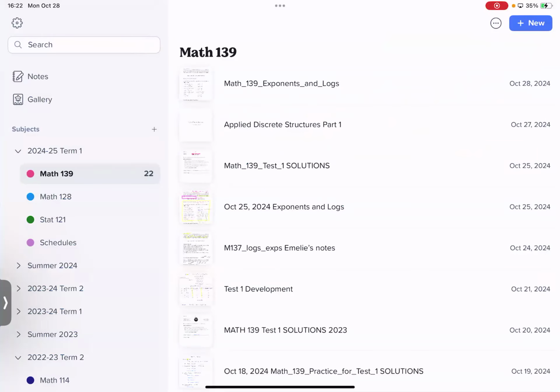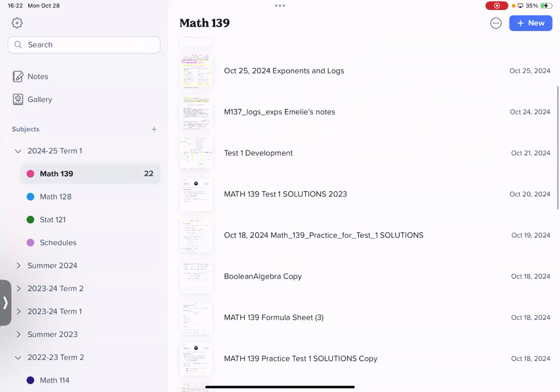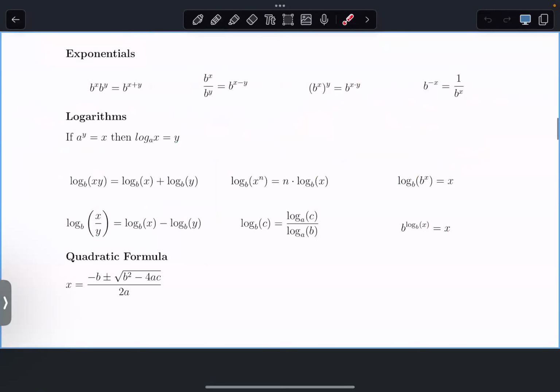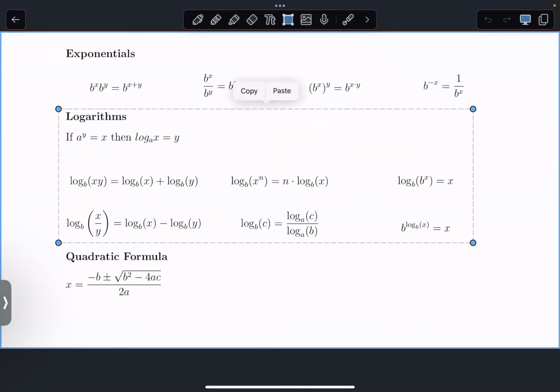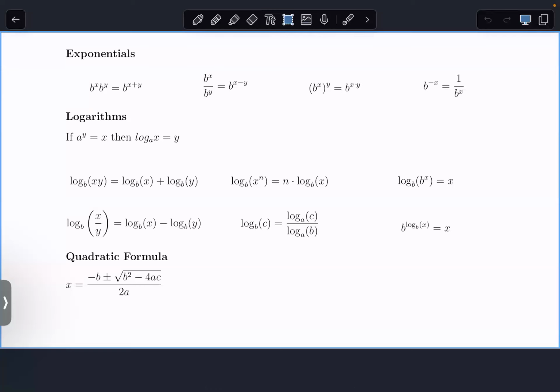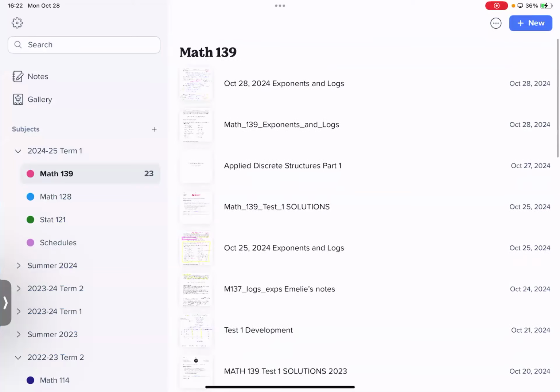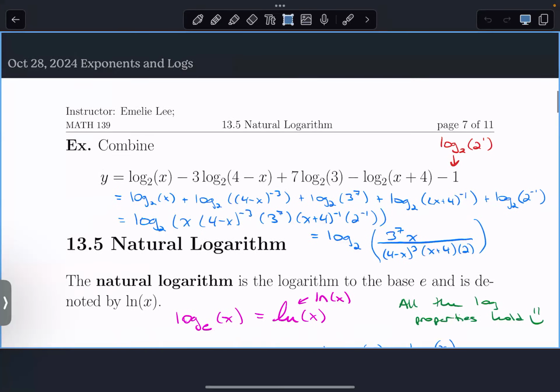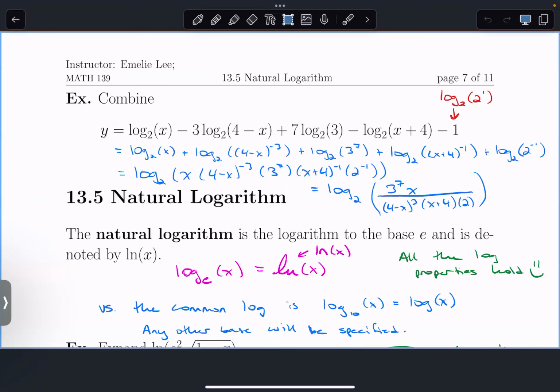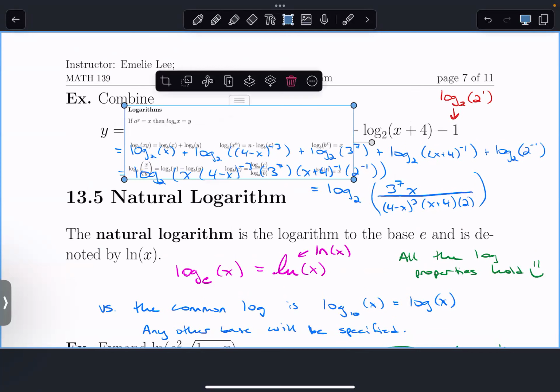Maybe I'll snag those log laws that we have. Thank you. Maybe I'll put these.